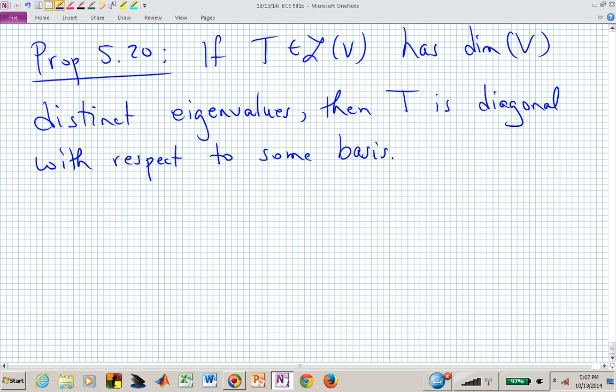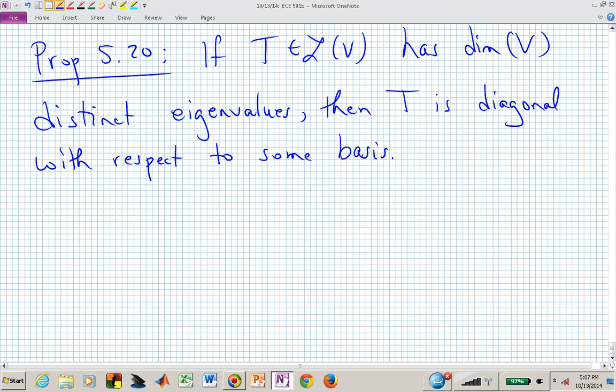space. If we have distinct eigenvalues, then what do we know about the eigenvectors? From an earlier, maybe not today's lecture, but what did we learn about distinct eigenvalues of linear operators? Their eigenvectors, the associated eigenvectors, are linearly independent, aren't they?